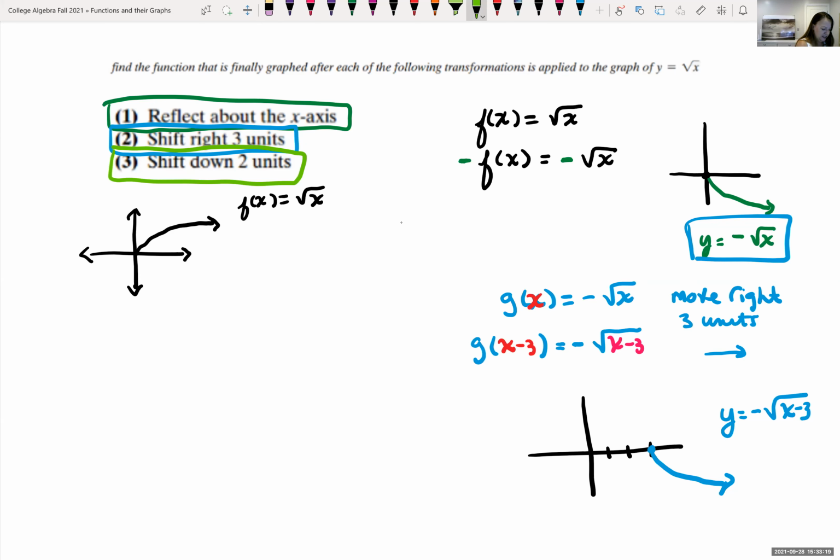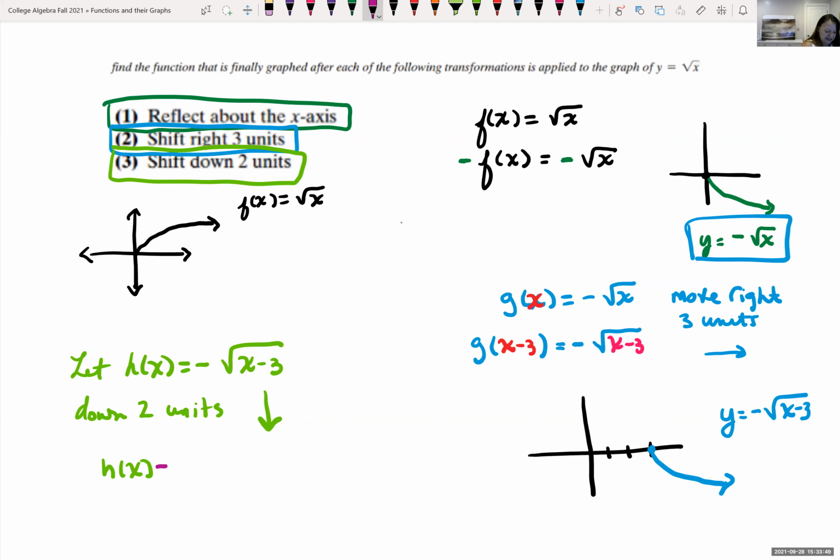So if we let h of x equal this negative square root of x minus 3, and we want to go down 2 units, if it's going down, we're affecting our y value. And so we're going to subtract 2 from our y value, which is in this case h of x.